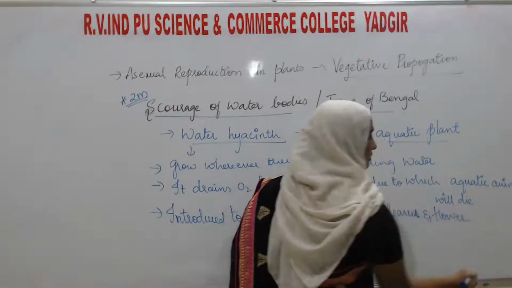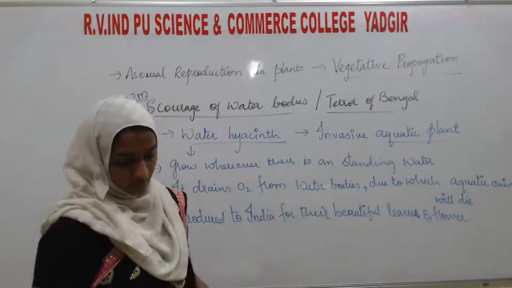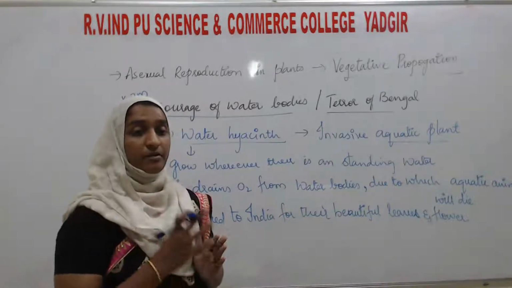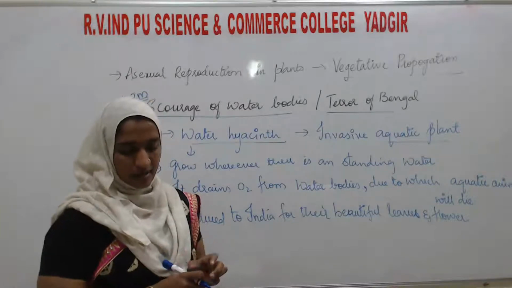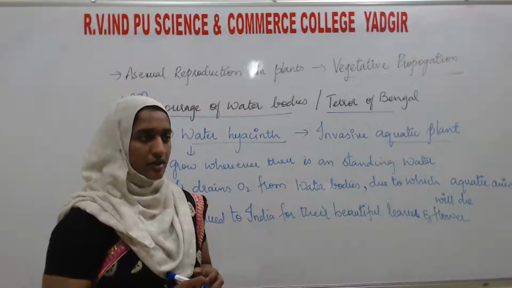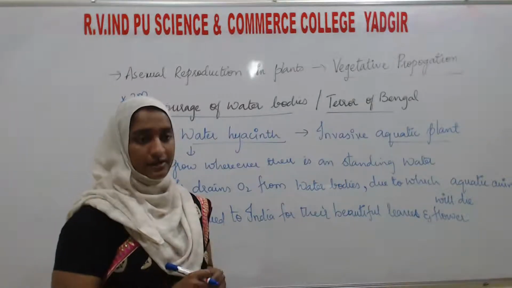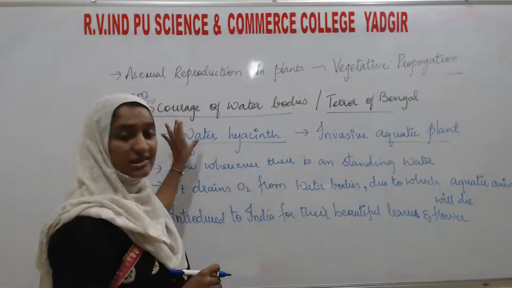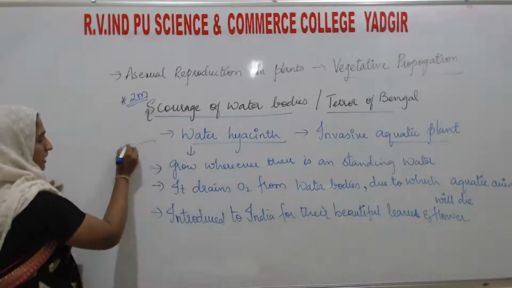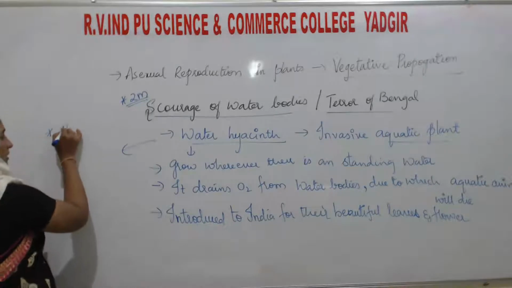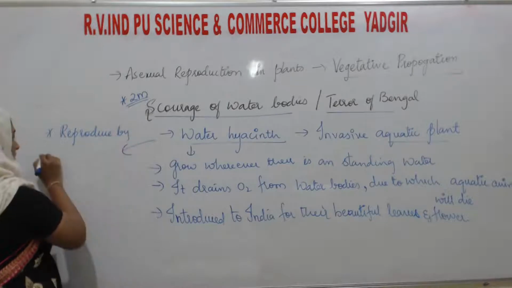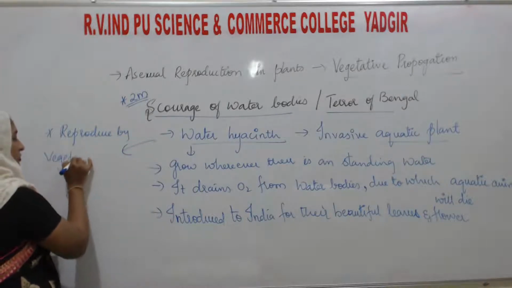After introduction into Indian rivers and water bodies, it became one of the problematic plants. Why? Because it can propagate vegetatively, that is, asexually. There is no requirement of any other parent. This plant undergoes asexual reproduction. Water hyacinth reproduces by vegetative propagation.